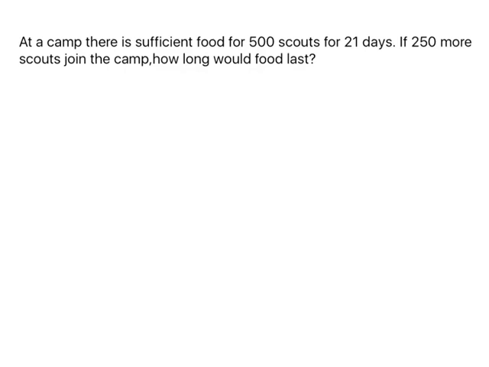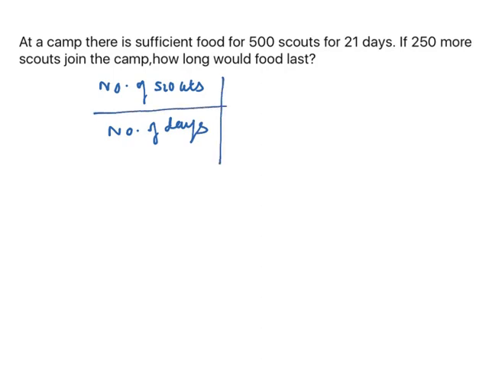So this is a case of inverse proportion. As the number of scouts is increasing, the food will last for fewer days. We have number of scouts and number of days the food will last. Obviously, if we are increasing the number of scouts, the food will finish in less time.